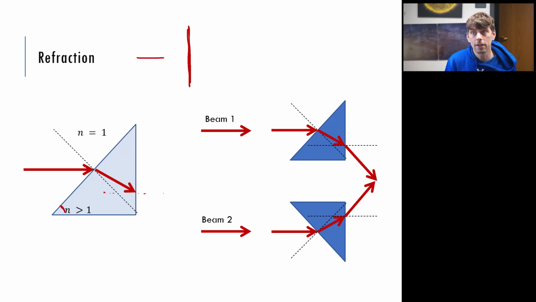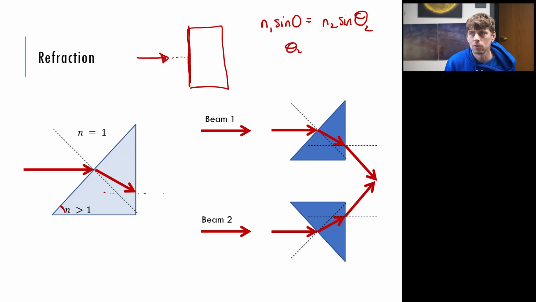If I send a beam of light through a prism and the beam is perpendicular to the face, what's the deflection going to be as it travels through the material? If I do n1 sine of 0 must be equal to n2 sine of theta 2, you see theta 2 is equal to 0. In other words, nothing happens. It just goes straight through.